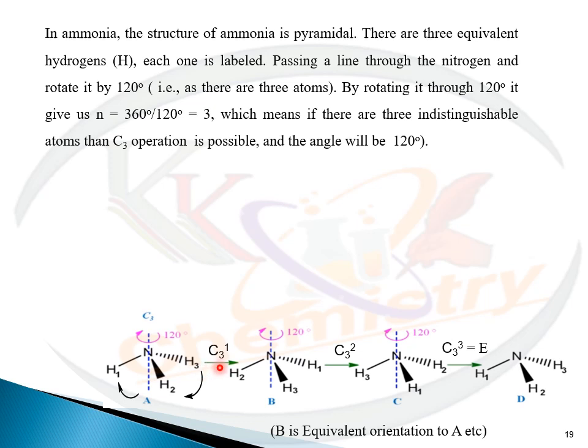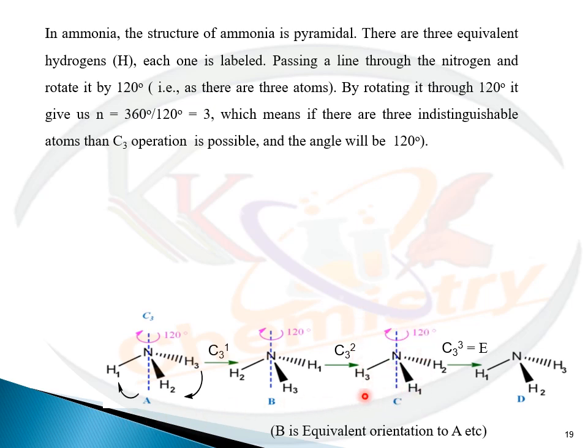So apply C3 once, you will get this structure. A and B are equivalent but not identical. Again apply C3 operation, it will become C3 squared, meaning 120 plus 120, it will become 240. You will get another orientation.